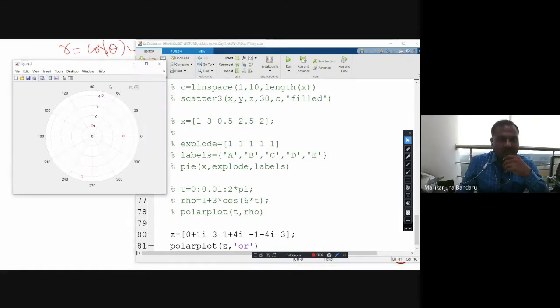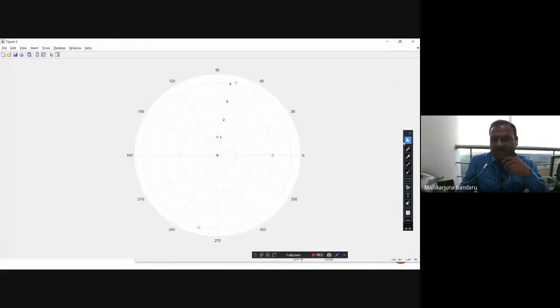Observe here. This is the point, and this is the point, and this is the point, and this is the point. By default, whatever points are given in a complex, that converts in terms of polar form, and then gives a graphical representation of those points. So that is using a polar plot.